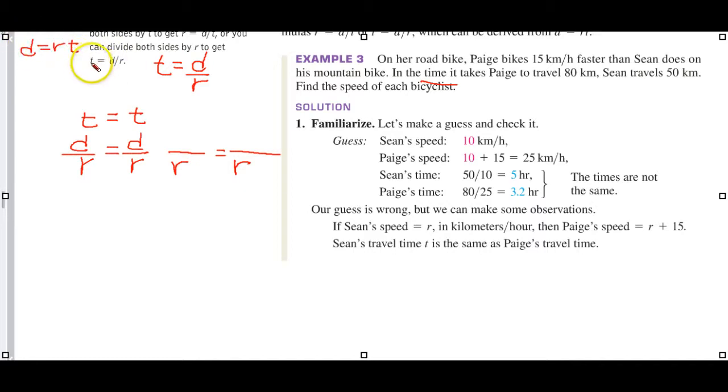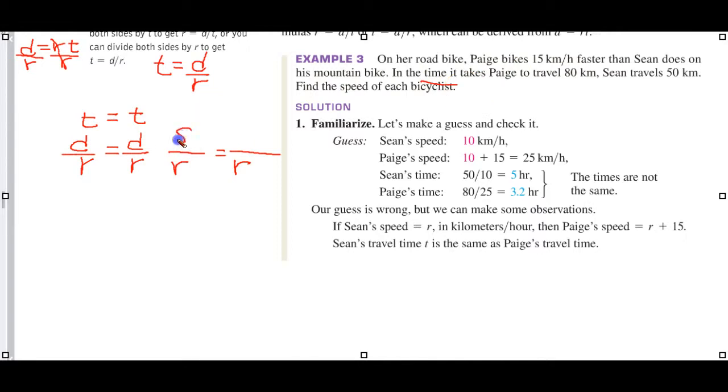And I'm going to solve it for t by dividing both sides by r. So I get time equals, and I don't like the way they've done it here, I like it this way, distance divided by rate.